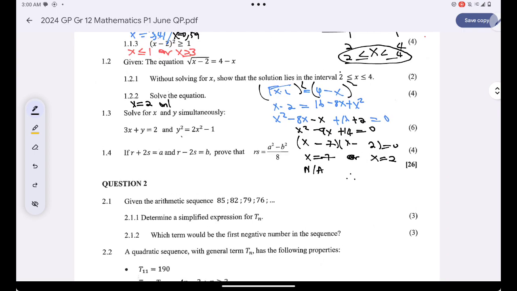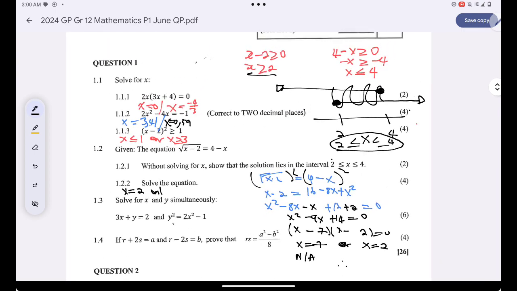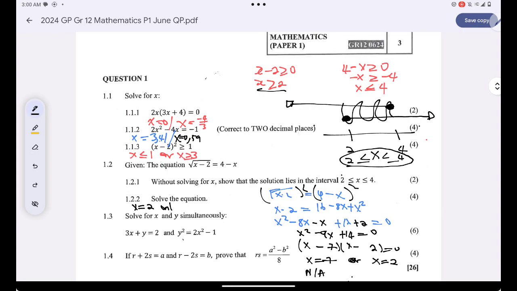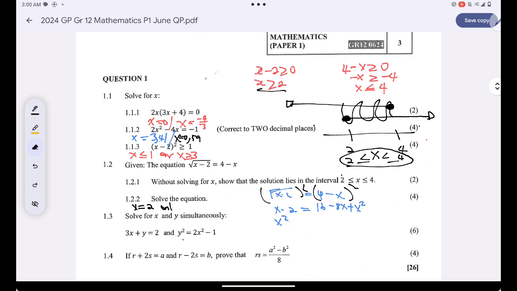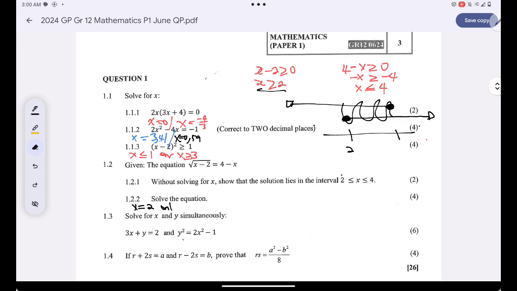Okay, and then now I'm supposed to solve the simultaneous equation in question 1.3. Let me create room.